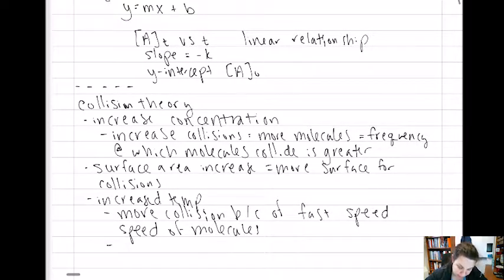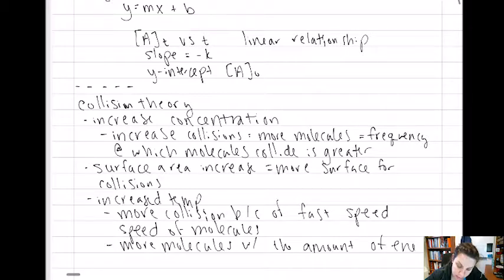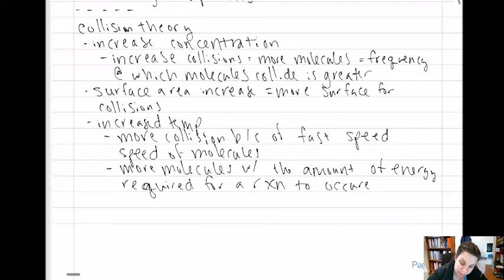And then, as I said, more molecules with the amount of energy required for a reaction to occur. So our Ea in this case. Okay.